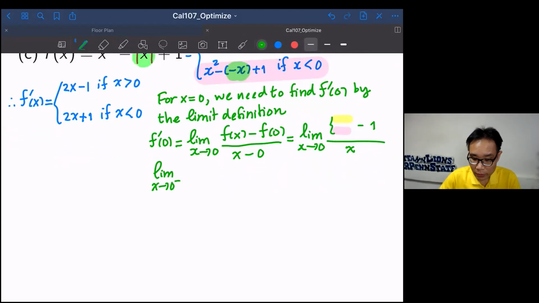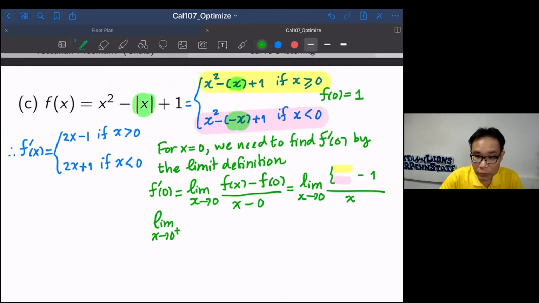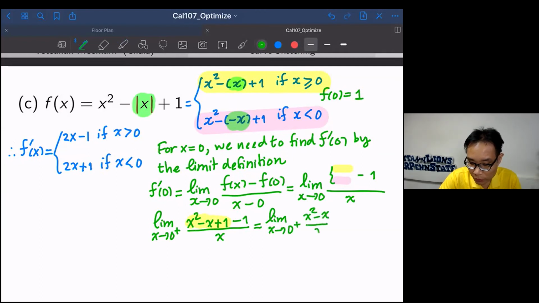The yellow one is the right side, so it's x squared minus x plus 1 minus 1 over x. The limit as x goes to 0 from the right of x squared minus x over x is x minus 1, and the limit turns out to be negative 1.